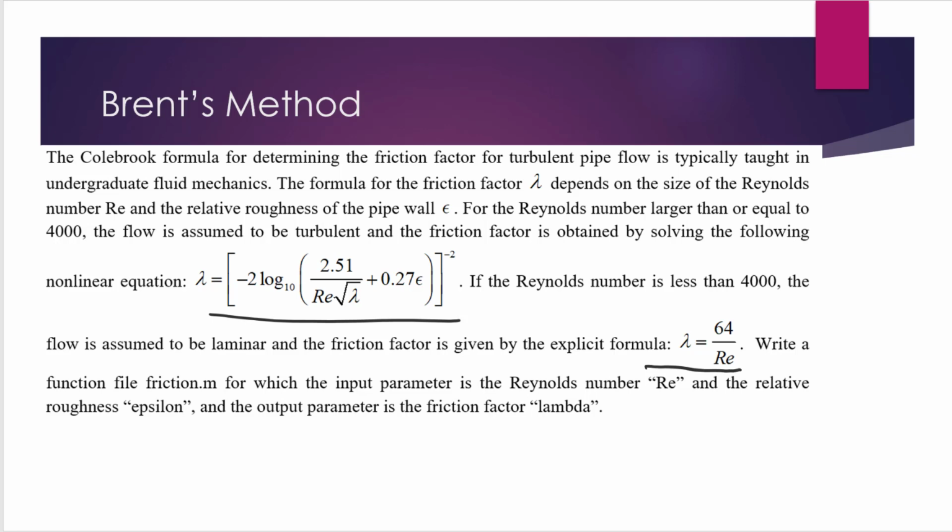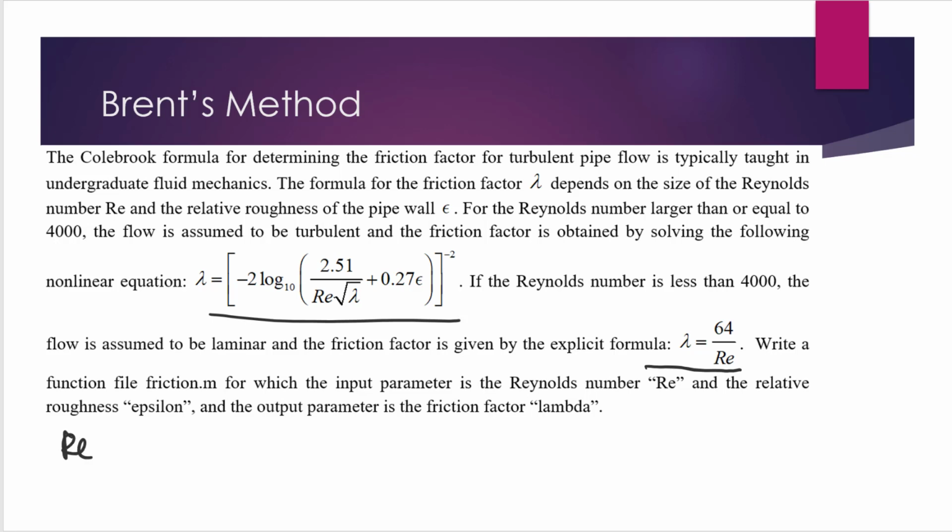Write a function file, friction.m, for which the input parameters are the Reynolds number Re and the relative roughness epsilon. The output parameter will be the friction factor lambda. Before you write your code, I will give you some additional information so that you can check if your codes are correct.